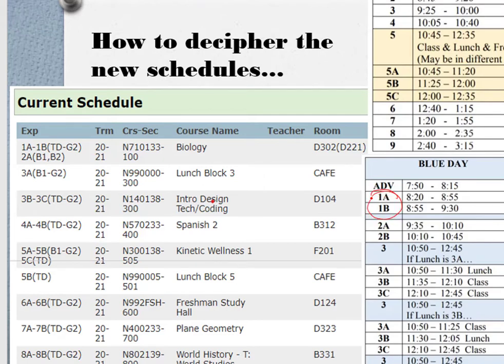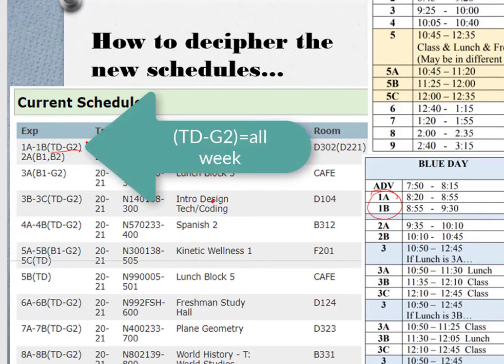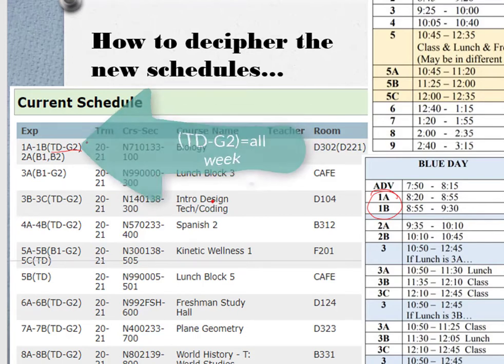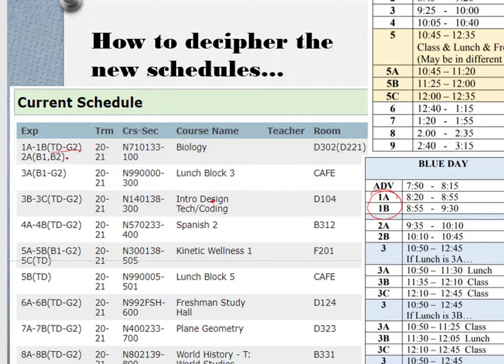And that is from TD through G2, which basically represents the entire week, Trevian Day all the way through Green Day 2. What's going to happen is on the Blue Days, for periods 1A and 1B, you will be going to biology class.